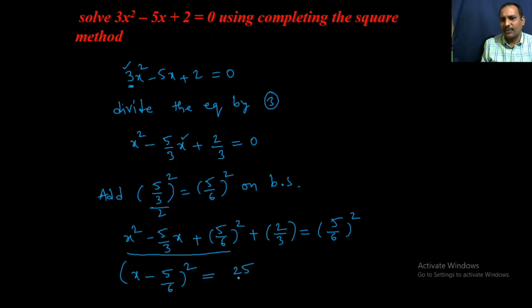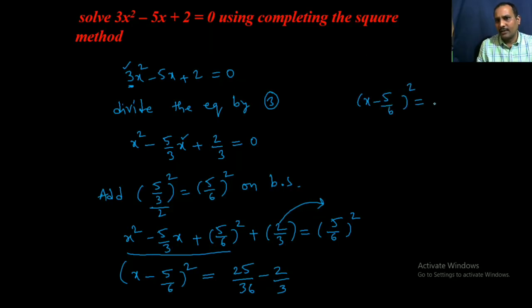That is 25 by 36, and transfer this 2 by 3 to the other side: 25 by 36 minus 2 by 3. If you take LCM, it is 36. So 25 minus 3 twelves are 36, so 12 twos are 24. So x minus 5 by 6 whole square is equal to 25 minus 24, that is 1 by 36.